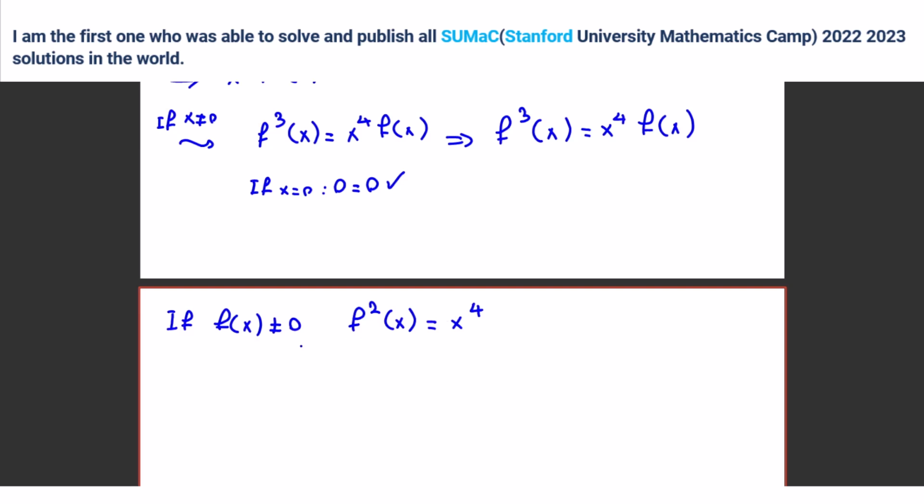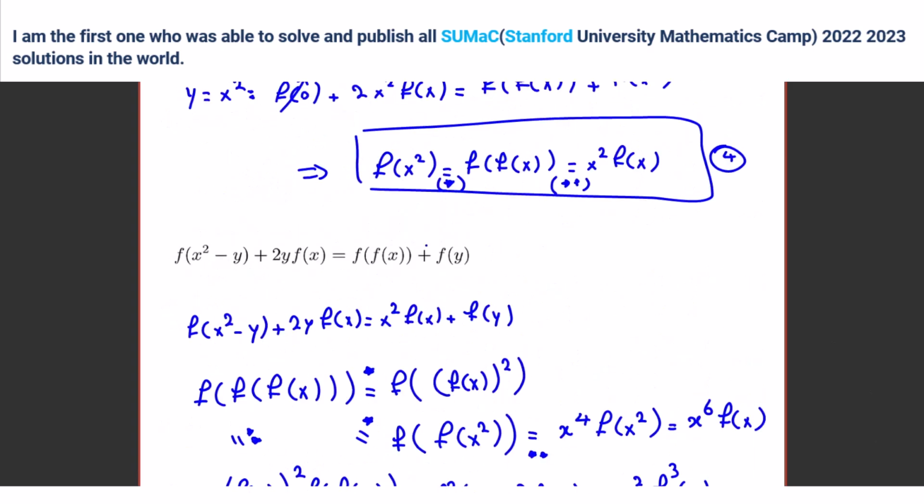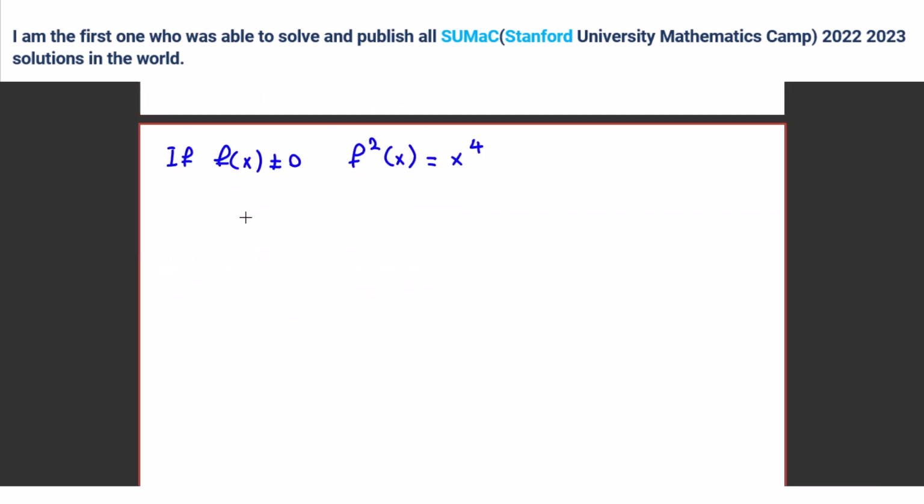So we reach this value, right? So we can say f of x is what or what? x squared, negative x squared, or 0. Exactly. It can be x squared or negative x squared or 0.